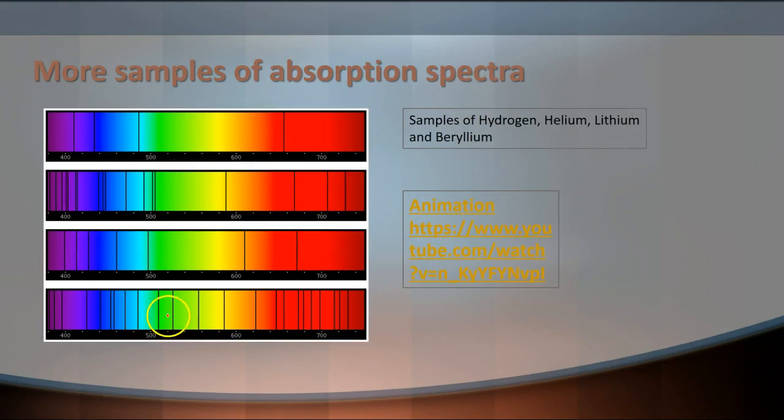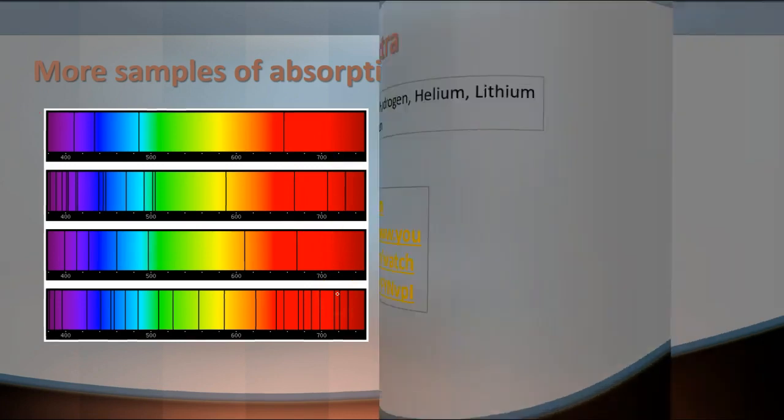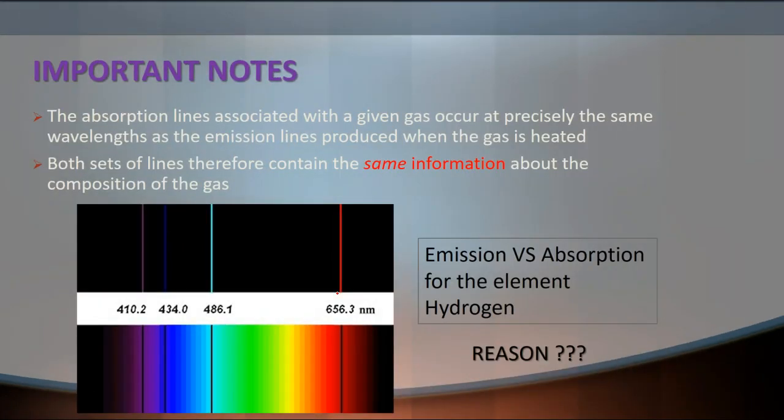To tell you more, absorption spectra are also unique, because no two elements will have the same absorption lines. You cannot duplicate that. These are samples of hydrogen, helium, lithium, and beryllium, the first four elements. One more feature is that absorption and emission both occupy the same wavelengths.